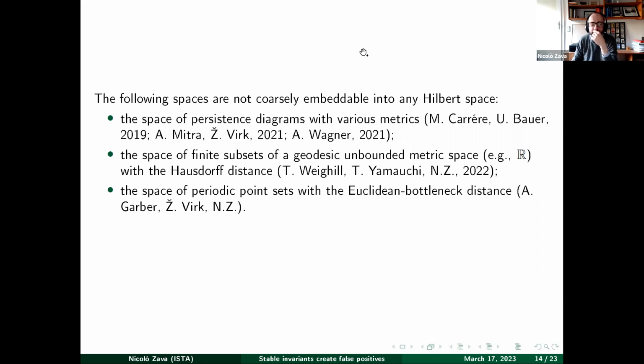Let me first read out loud the question: if the space is not coarsely embedded into a Hilbert space, then what function space can you embed your space into?